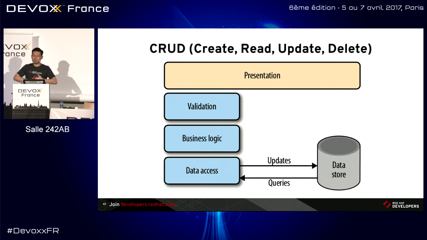And when you use a CRUD, particularly in the case of database, it means that you have all of the 4 operations, the read and write operations. You're using the same data model, which in Java means that you're using the same set of classes, and the same set of tables and columns for both read and write operations. Okay, that's the most common architecture and also the most efficient for simple use cases.